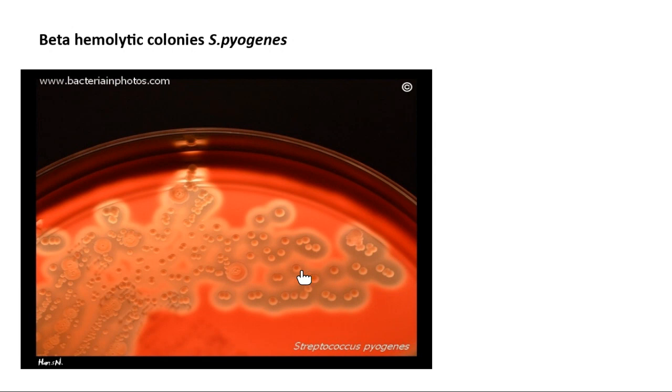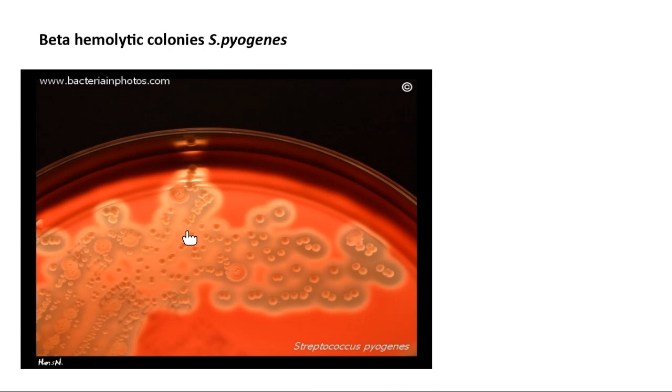Alpha hemolysis should show a greenish tinge. When you see on the plate a greenish color, which is not clear, it is called alpha hemolysis. But Streptococcus pyogenes gives you beta hemolytic colonies, which have a very clear zone around the colonies. It means all the hemoglobin present in the RBCs is destroyed or hemolyzed by the bacteria, which has the enzyme hemolysin.